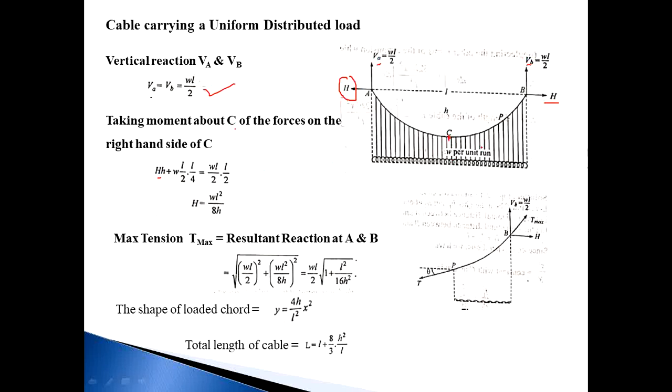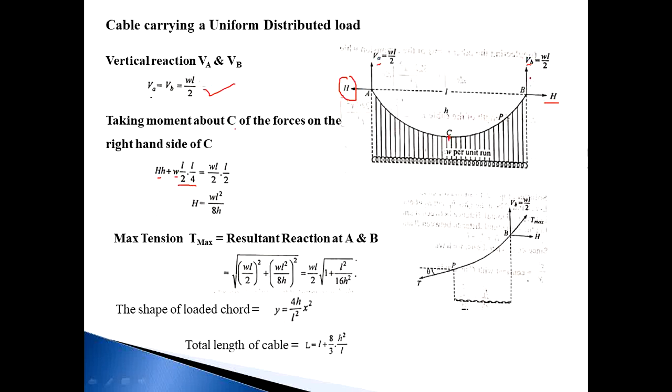Plus, due to the UDL, the intensity is W and the length of the UDL is L by 2, acting at half of this CB portion. CB is equal to L by 2, and half of CB is L by 4. So this is the moment due to UDL.